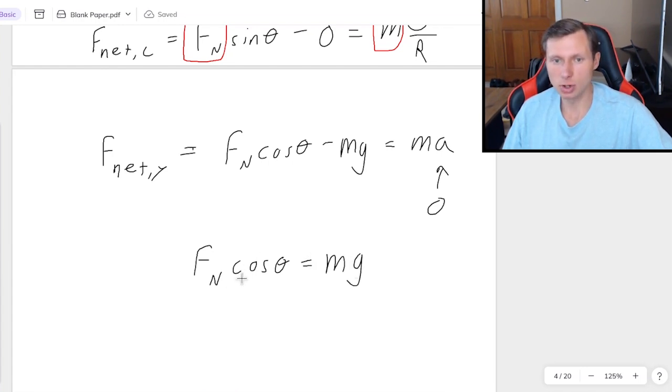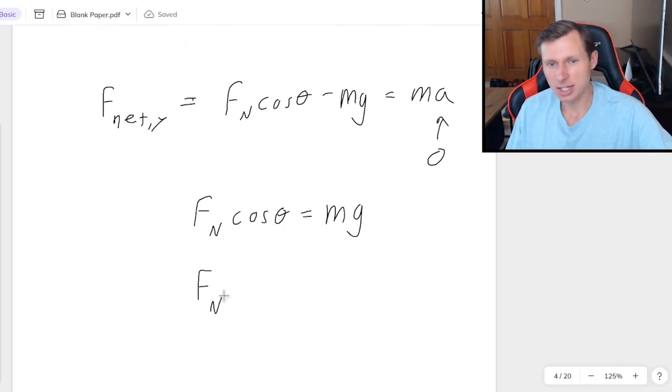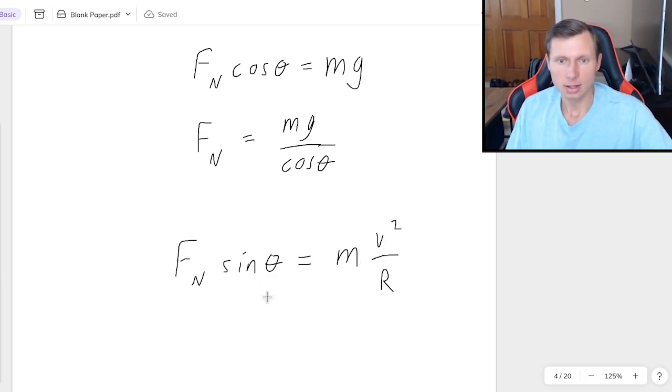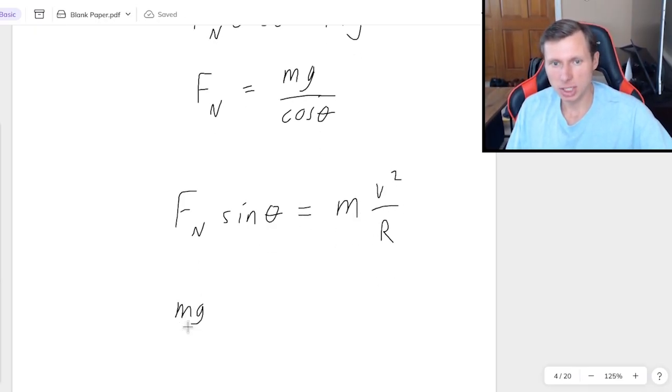And if I want to solve for Fn, which I do because I don't know it yet, I just have to divide mg by cosine theta. And so then plugging that normal force into what I was writing earlier, Fn sine theta equals mv squared over r, we can say that mg over cosine theta times sine theta equals mv squared over r.